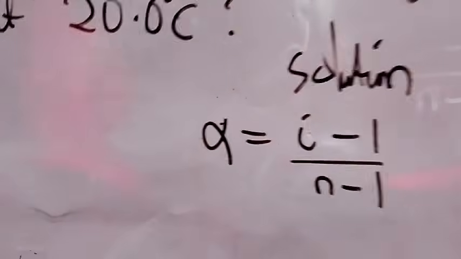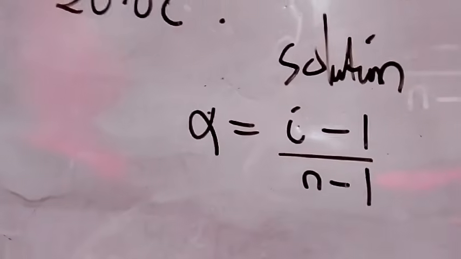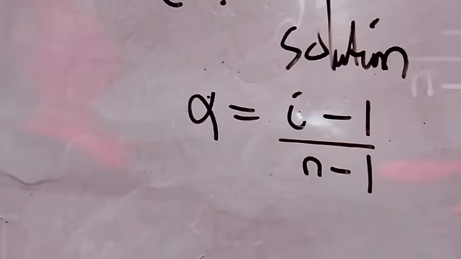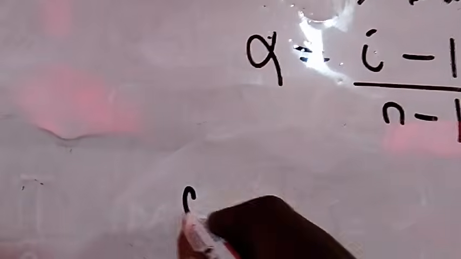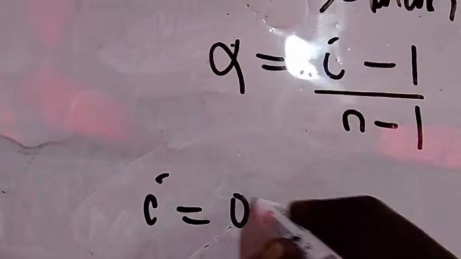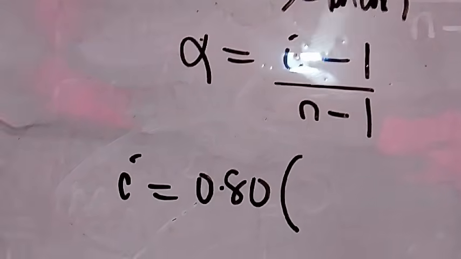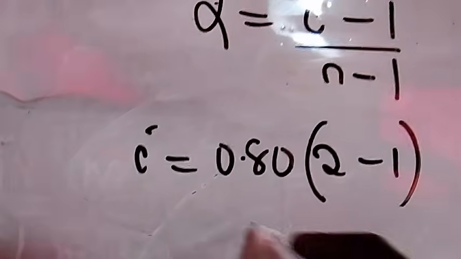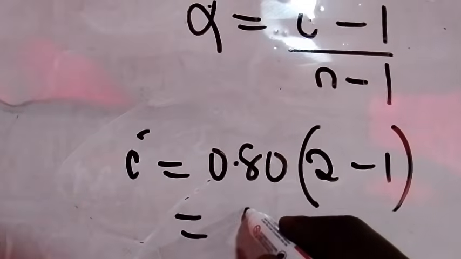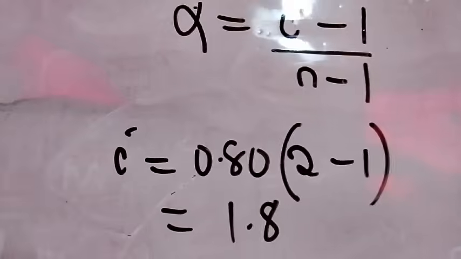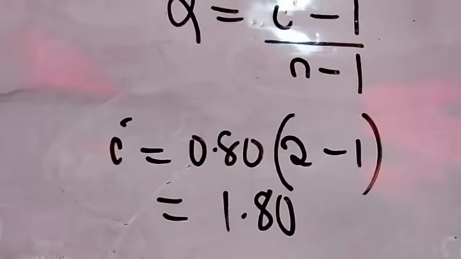We make I the subject of the formula. So I is equal to 0.80, which is alpha, times 2 minus 1, plus 1, so I is equal to 1.80.